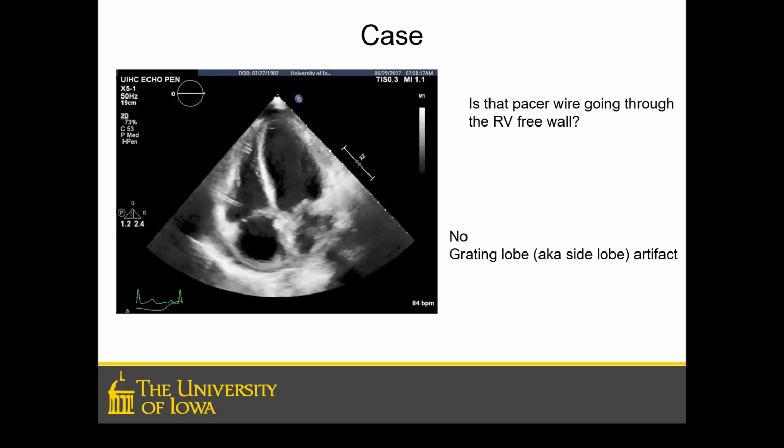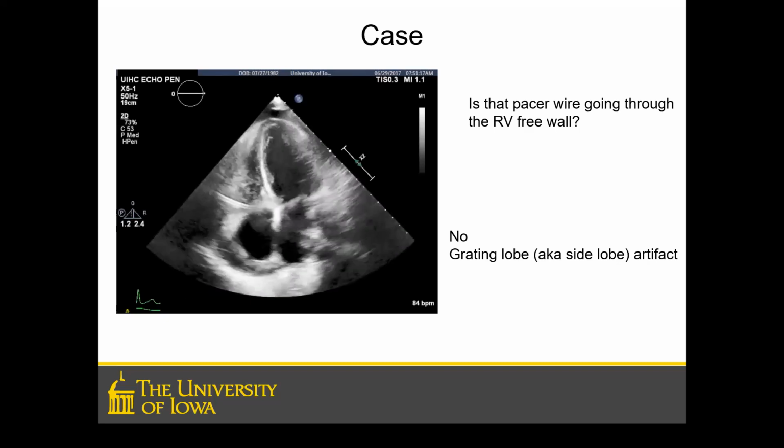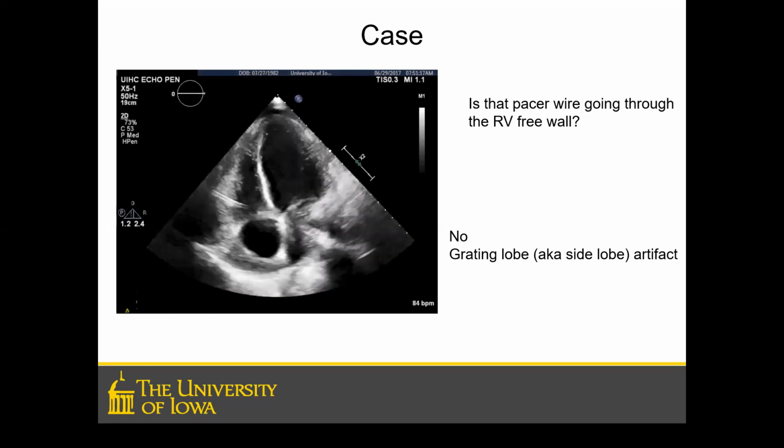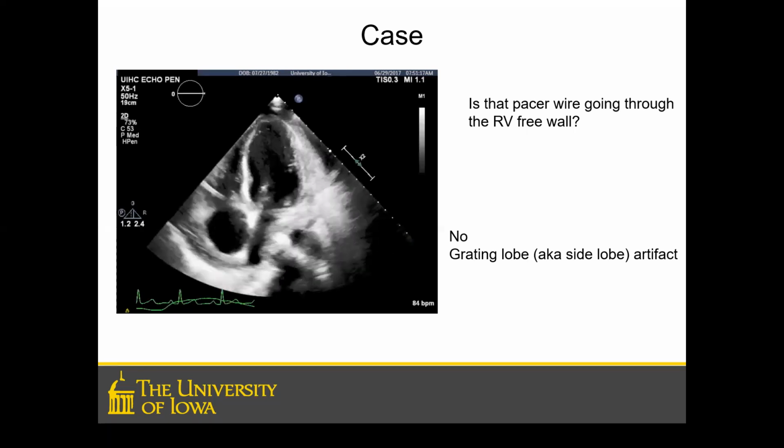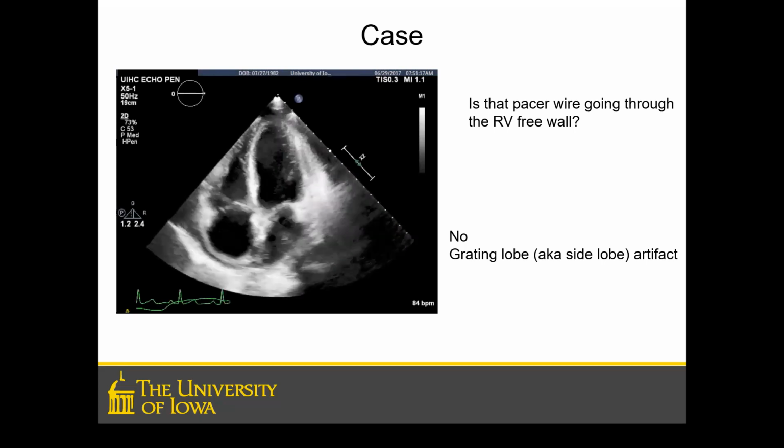Specifically, a side lobe is ultrasound energy outside of the primary beam that can happen with a single element transducer, which we do not use for duplex. That would be like a handheld continuous wave pencil probe kind of thing.